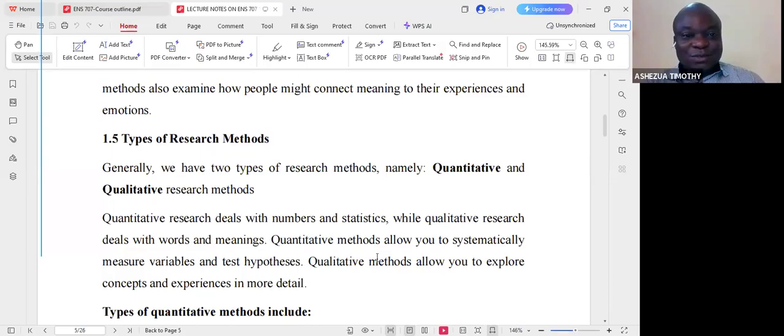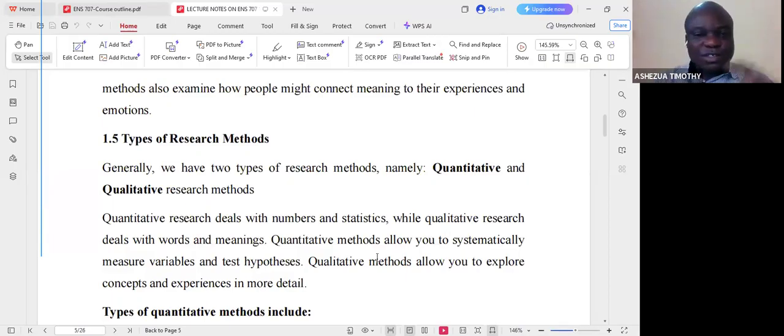So quantitative research deals with numbers. Know the difference. Quantitative deals with numbers and statistics, while qualitative research deals with words and meaning. Basically, these are the differences.